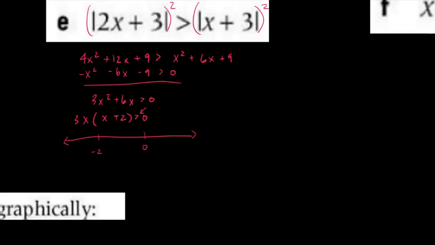But then I know that it's greater than, so it's going to be these right here. So that's going to be x is greater than 0 or x is less than -2. Okay, and both of them work.